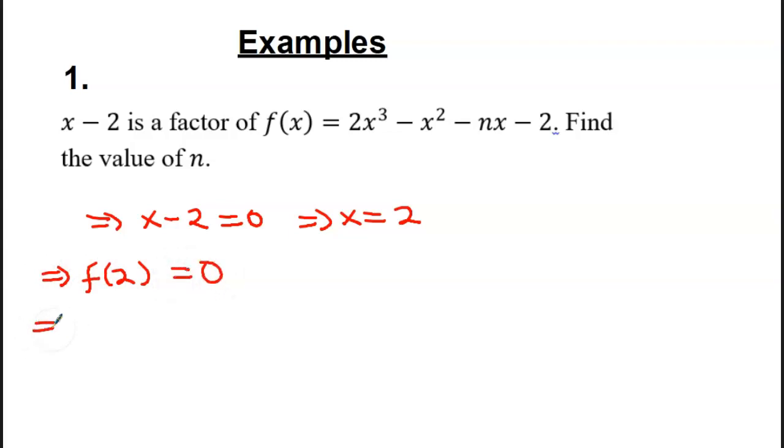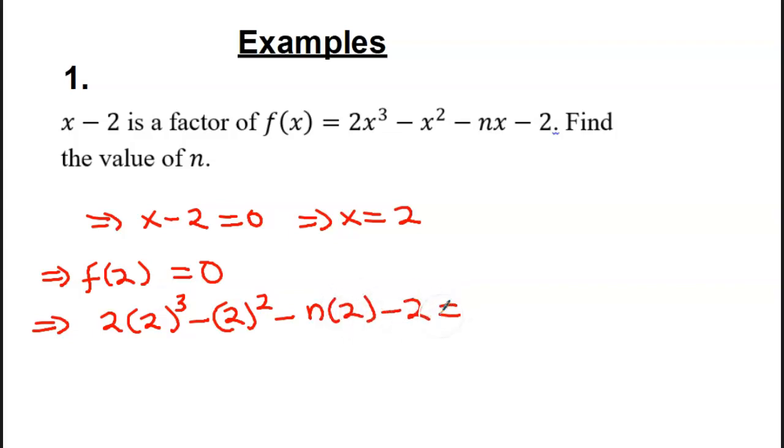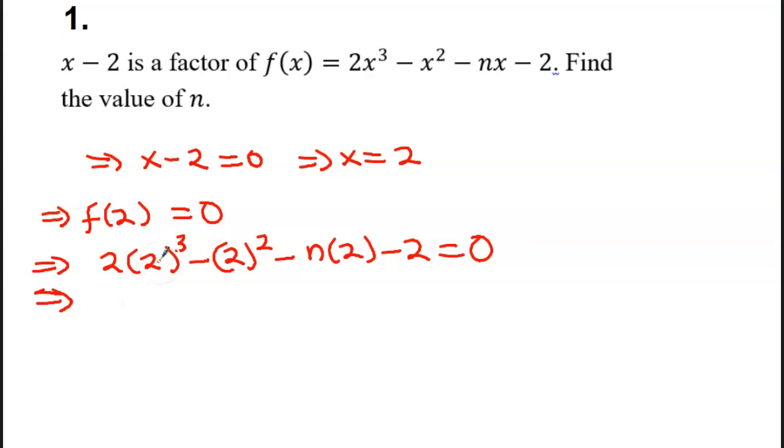So this implies that 2 times 2 raised to the power 3 minus 2 squared minus n times 2 minus 2 is equal to 0. 2 raised to the power 3 is 8, so 2 times 8 minus 4 minus 2n minus 2 is equal to 0.